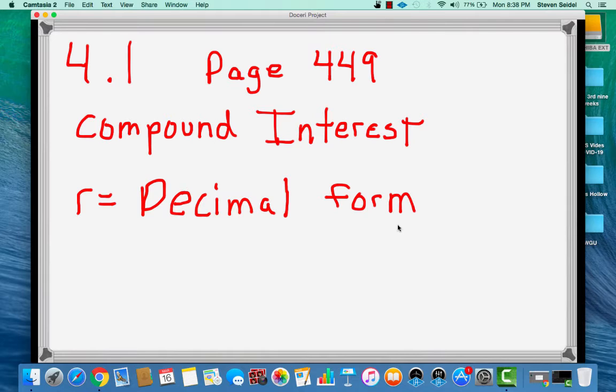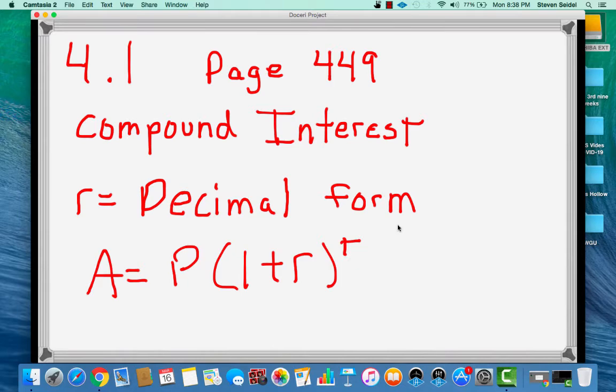Over a course of time, you'll see at the very bottom this formula: A equals P times (1 plus R) to the power T, where T is an exponent.